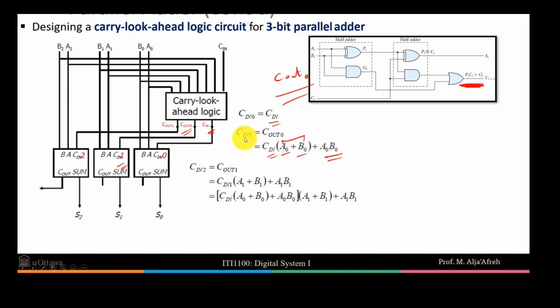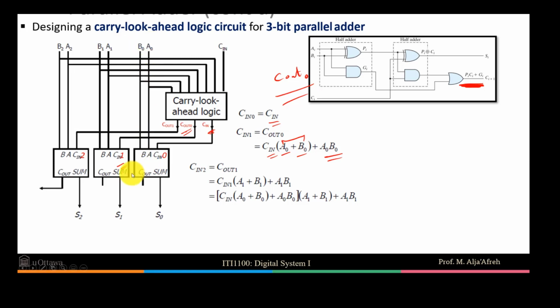The carry in 1 here is no longer depending on the carry out 0. Now it's depending on the carry in, which is one of the inputs that we have. And A0 and B0 we know, because they are the inputs.